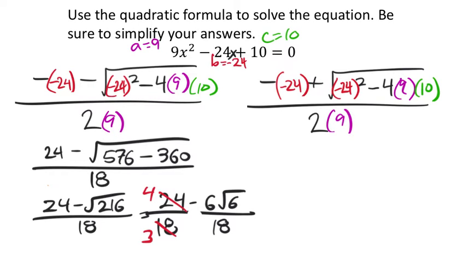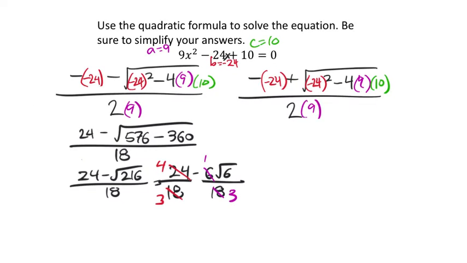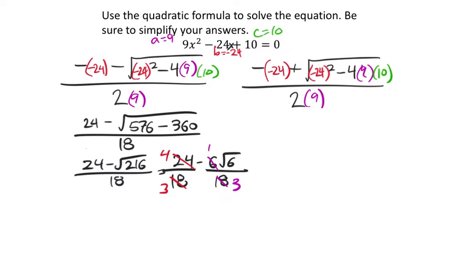And then 6 and 18 are divisible by 6 as well. That'd be 1 and 3. So we have the same denominator, and with a little bit more space, we can write this again as 4/3 minus the square root of 6 over 3. But like I had shown before, this could be combined into one fraction as 4 minus the square root of 6 all over 3.